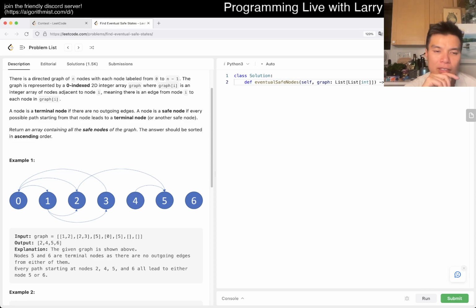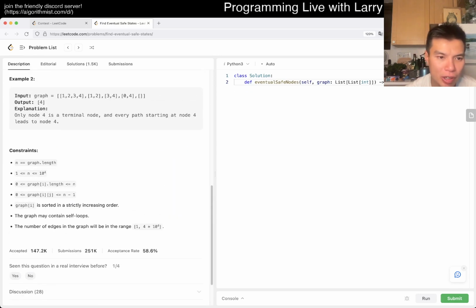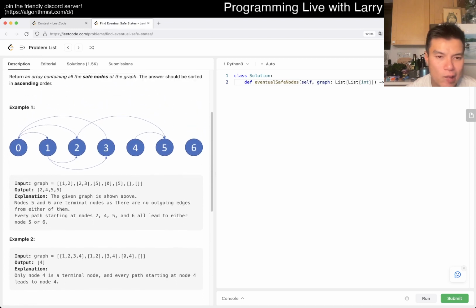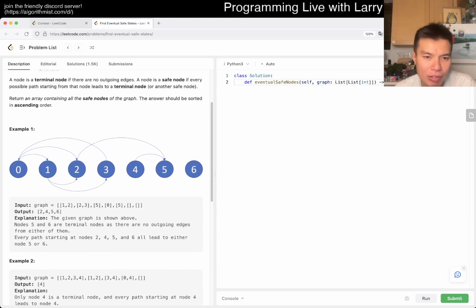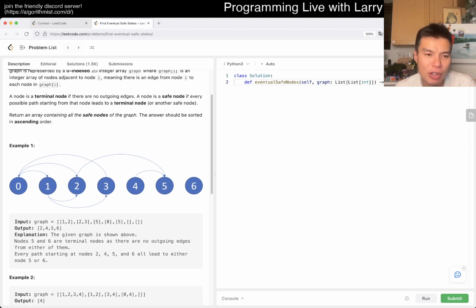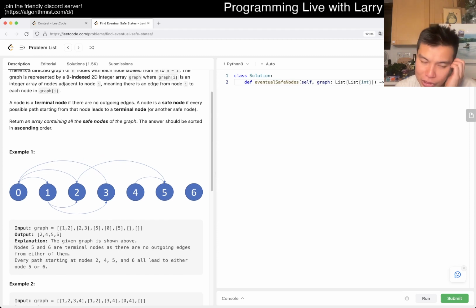So, looking at the constraints, okay. I was going to say the number of edges seems a little bit weird, but if they constrain the number of nodes as well, then we should be okay. I'm trying to think whether I can do it backwards. You look at the terminal nodes, and from the terminal nodes, you try to find which nodes are safe nodes. So almost like a reverse breadth-first search.